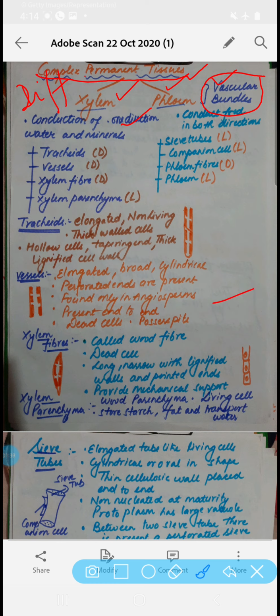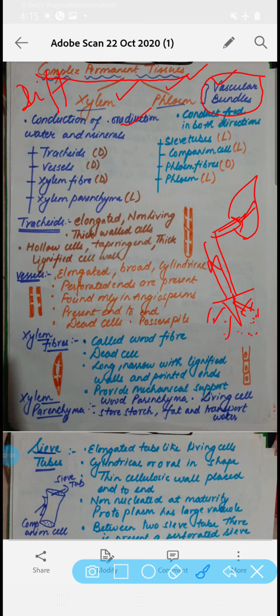Roots absorb water and minerals from the soil. So the xylem that is present in the root transports the water to the stem, further to the leaves for the preparation of food by photosynthesis.